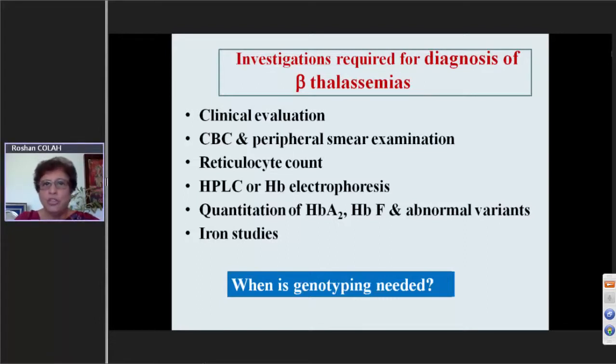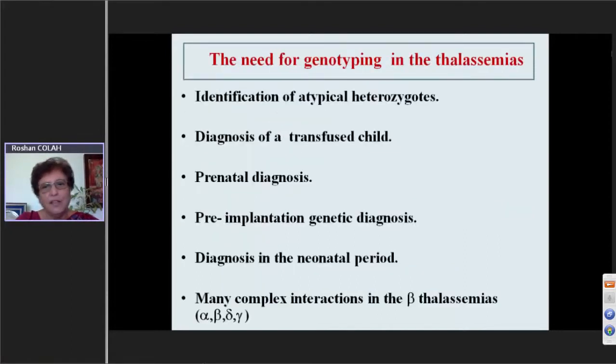So when do you need to do molecular analysis or genotyping? The need for genotyping arises particularly when you have to identify carriers who present in an atypical way. If a child is transfused, you will need to do genotyping to arrive at a diagnosis.